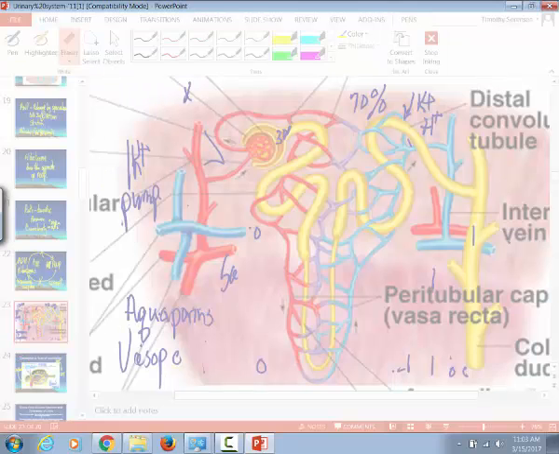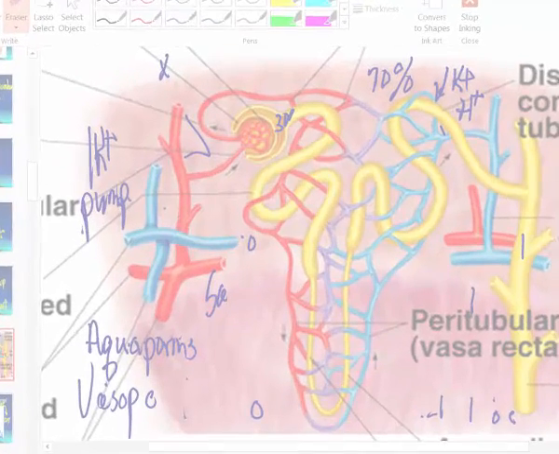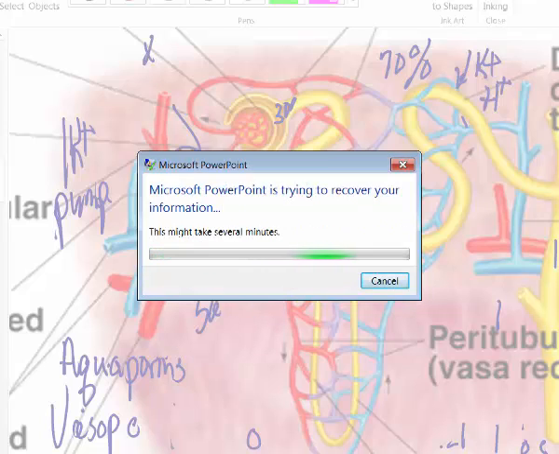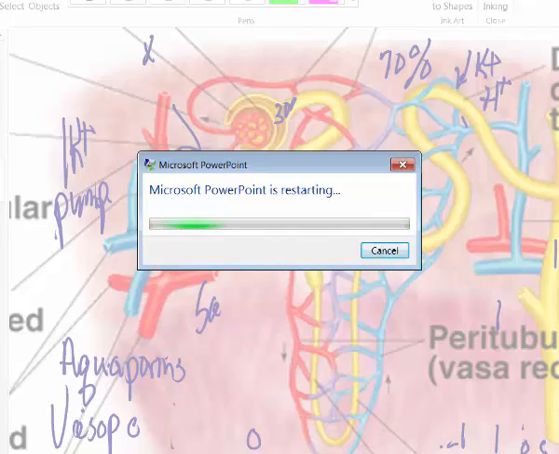Sodium-potassium pump. Oh! See, I raced too fast. Okay, while this is waiting, guess where the little wheel's going to end up? Are you guessing? It ended up right there. These computers.